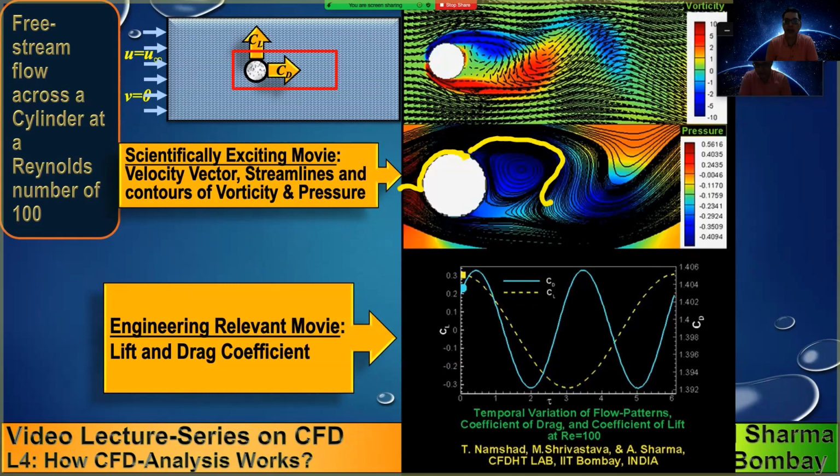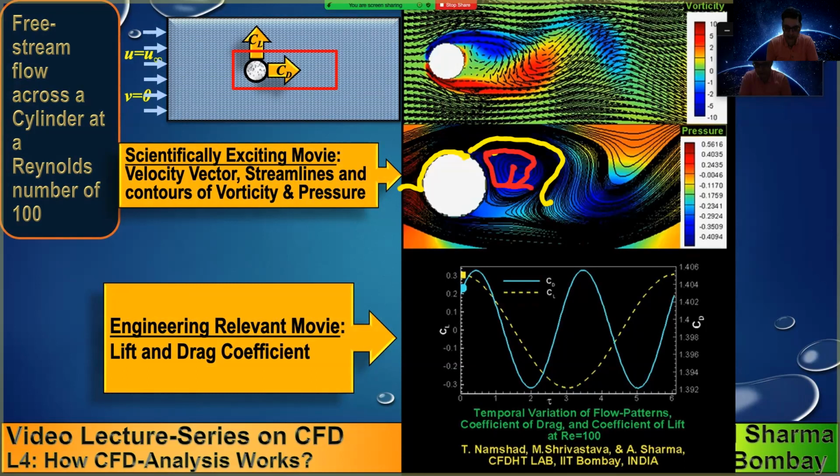Now when the streamline has separated, the fluid in this region also tries to move. Let me show you by a different color. The fluid in this region also tries to move in this direction, but again it turns here, and then there is a rotation in the clockwise direction.